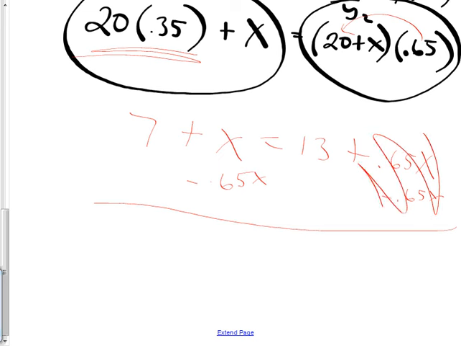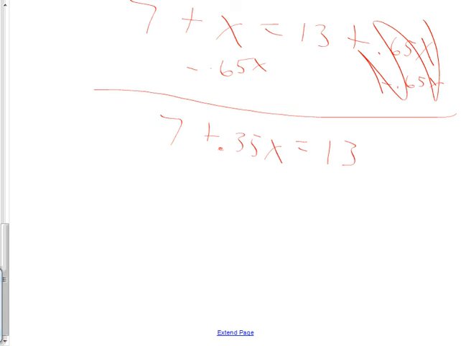And then I have 1 minus 0.65 is 0.35x, and this is 0.7, and equals 1.3. And now what? Subtract 0.7. 0.35x equals 0.6. And then I take x equals 0.6 divided by 0.35. Would somebody take 0.6 divided by 0.35, please?